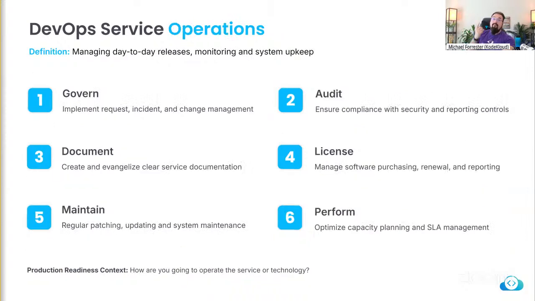Number 3, operations. This is where you get into governance, auditing, documenting. And by the way, when I say documentation, we don't necessarily need heavy-handed documentation. You could have great infrastructure as code comments. Your code base alone could be your documentation. And then we've got things like licensing, maintaining.